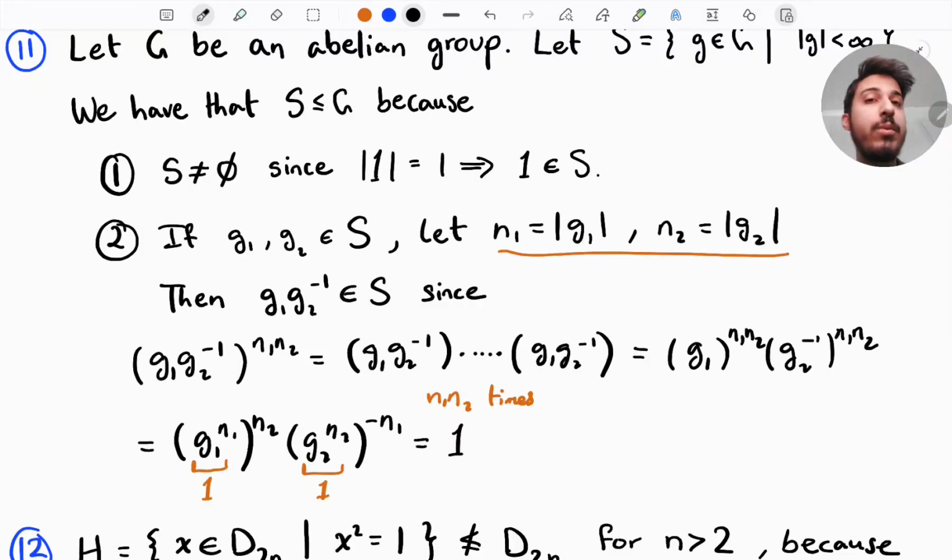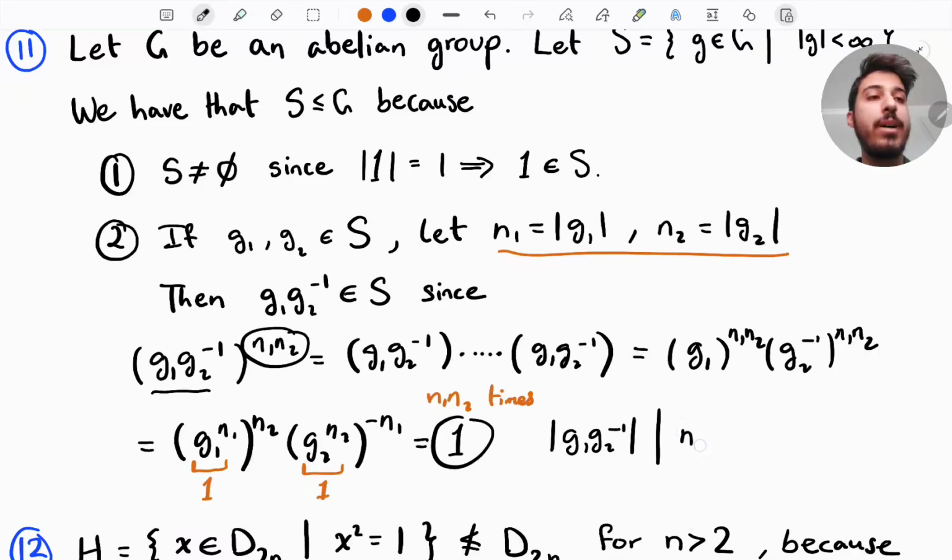Now, by a property that we've seen about orders in lesson 4, we know that if the element to a certain power gives the identity, then the order of that element divides that power. But if the order divides that power, then necessarily it has to be less than or equal to that power. It wouldn't make sense to be bigger than and to divide that power at the same time.